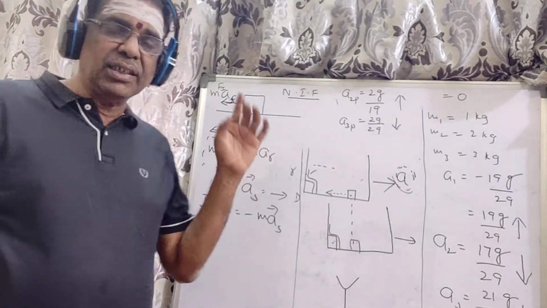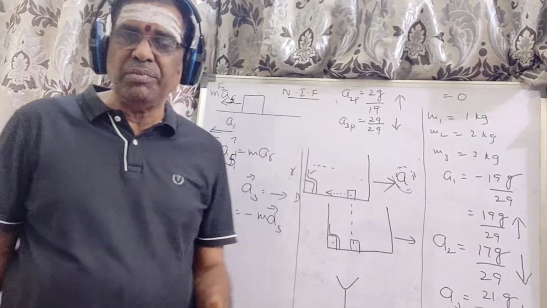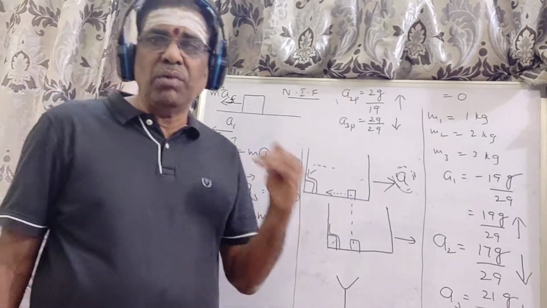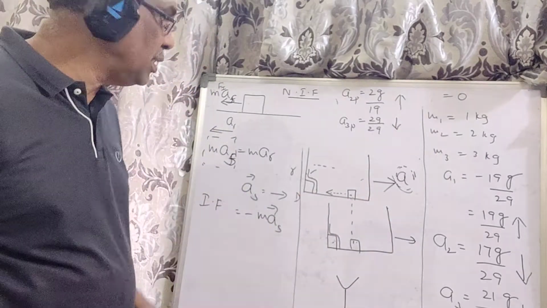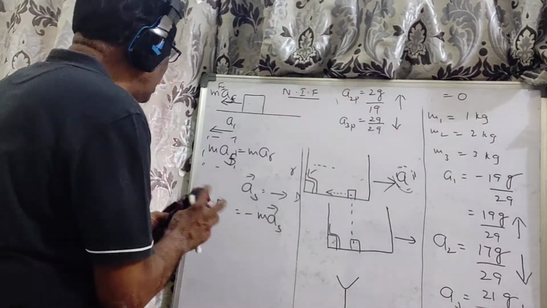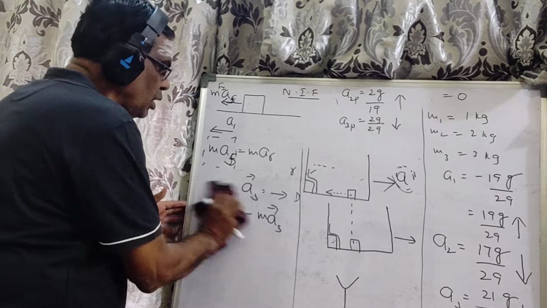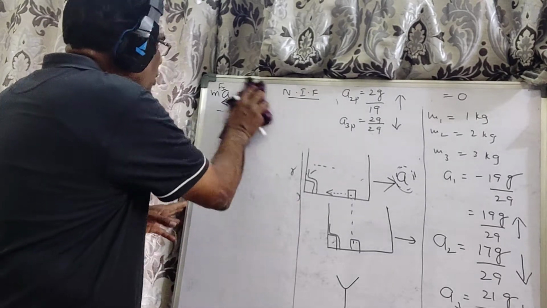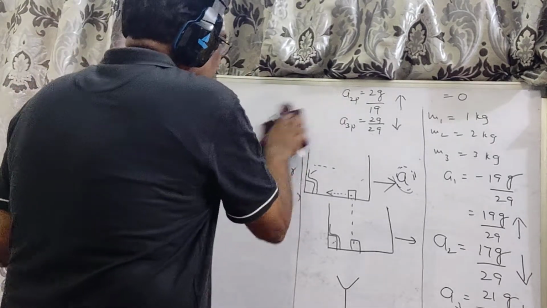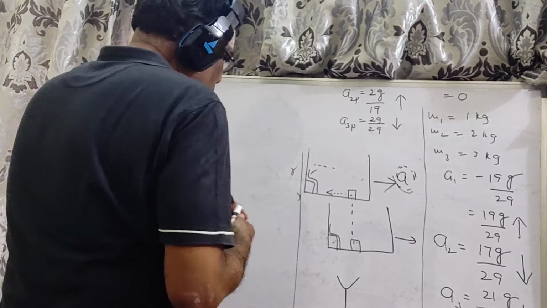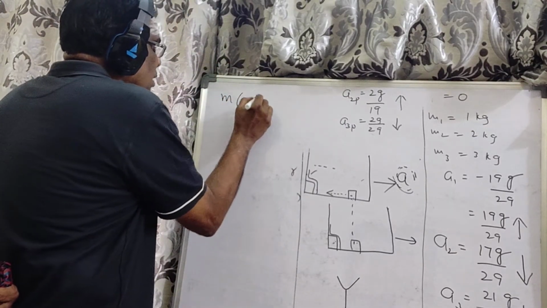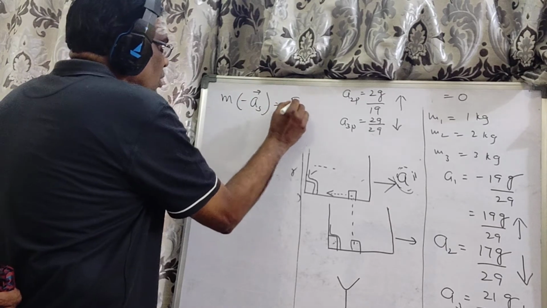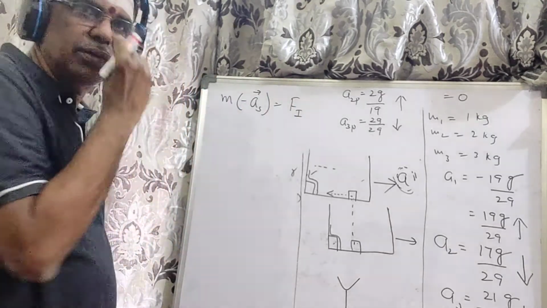That's why I have written sigma F real plus sigma F imaginary is equal to mass times the relative acceleration. Okay? Now, what is this pseudo force? I told you. You have to take m times minus A_S. This is your pseudo force.